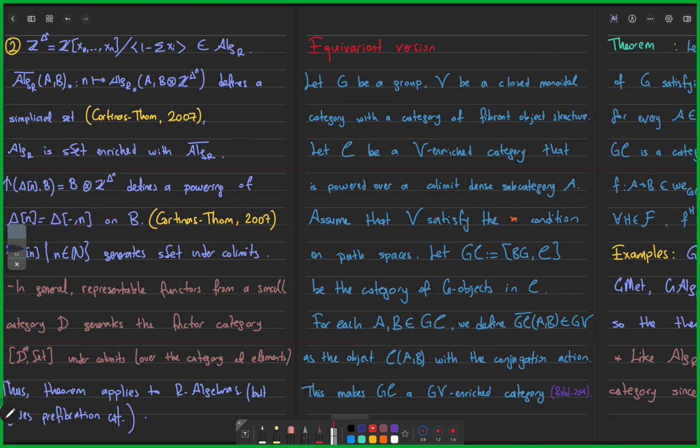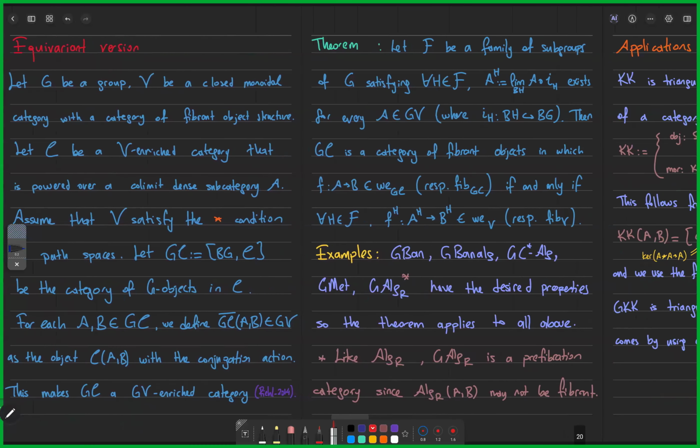You can think of it as the conjugation action on the underlying set. The G-fixed points give the equivariant maps in that case. So this makes GC a GV-enriched category. This is actually given in Riehl's 2014 book, Categorical Homotopy Theory, as one of the examples.